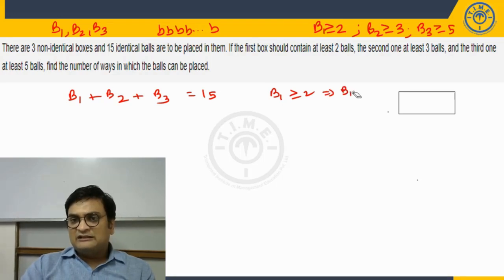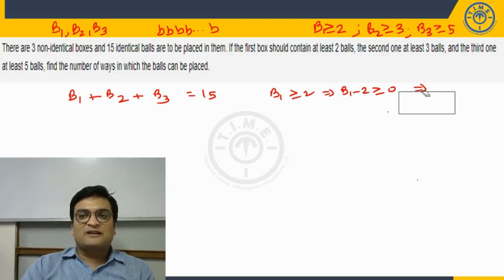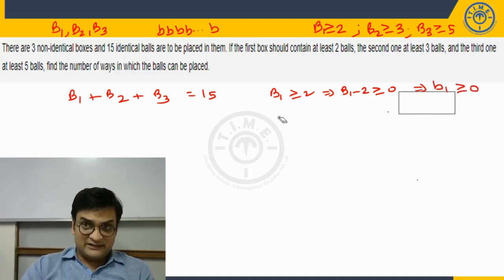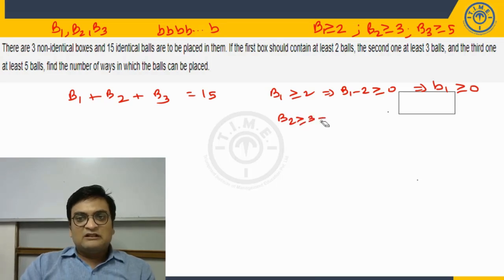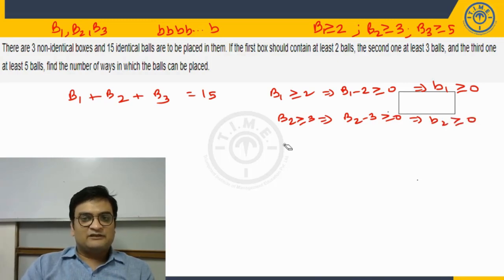What does it mean? B1 minus 2 should be greater than or equal to 0. Let's put B1 minus 2 as small b1. So small b1 should be greater than or equal to 0. Similarly, we may write small b2 greater than or equal to 0. And similarly, small b3 greater than or equal to 0.